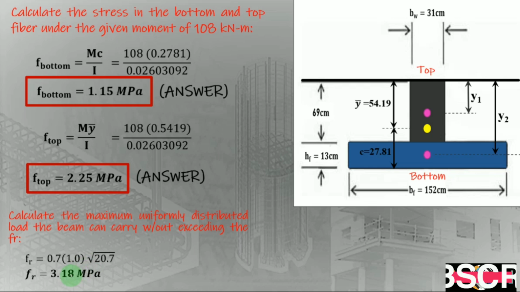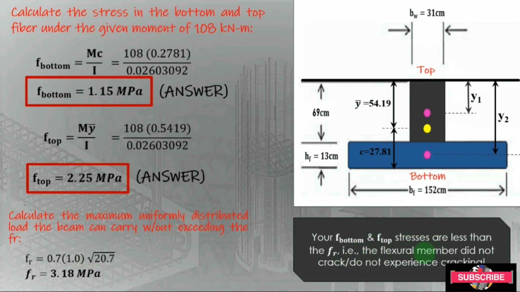So try to observe the bending stress at the bottom and at the top of this inverted T-beam. As you can see, this F bottom and F top are all less than the modulus of rupture of 3.18. So what is the indication of this? This means that the flexural member did not experience cracking.